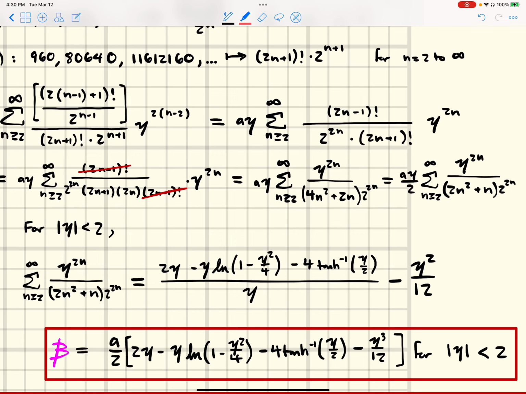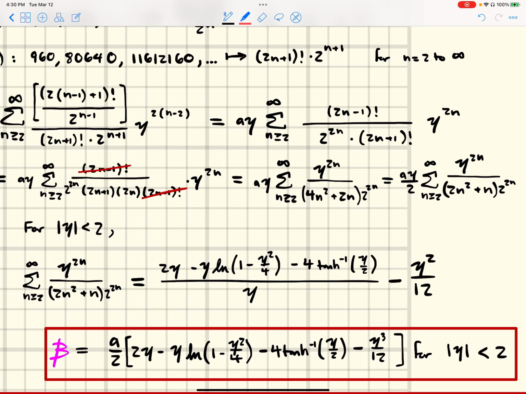All of that needs to be divided by gamma, and then from that you subtract off gamma squared divided by 12.